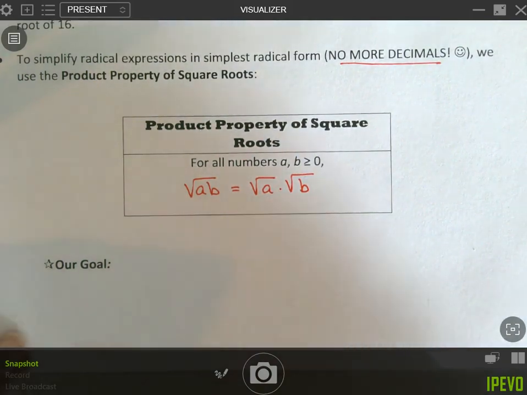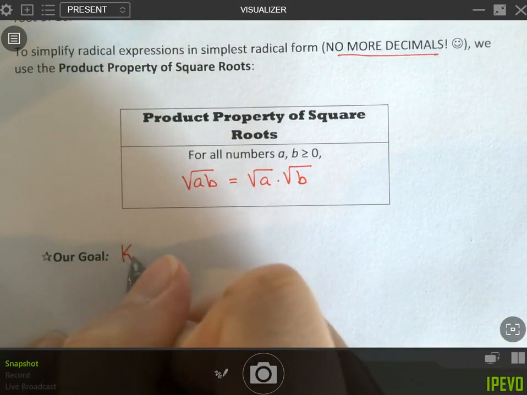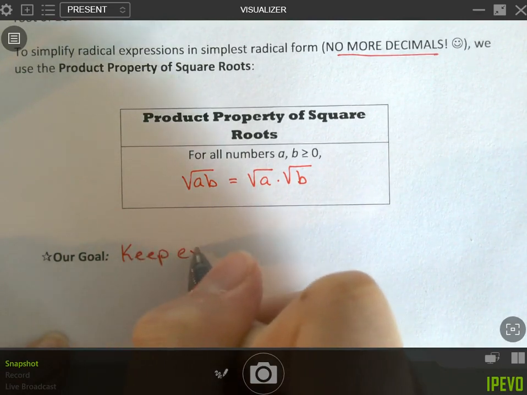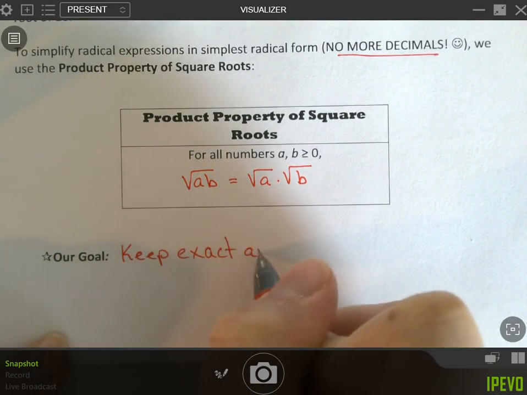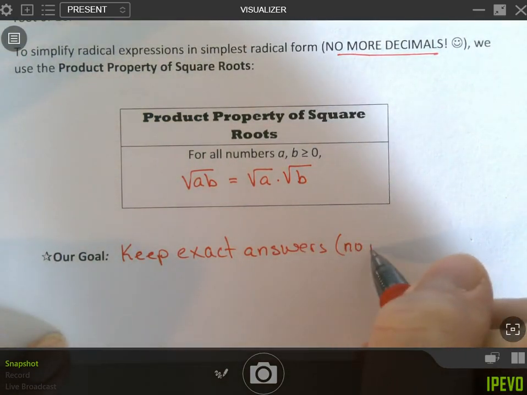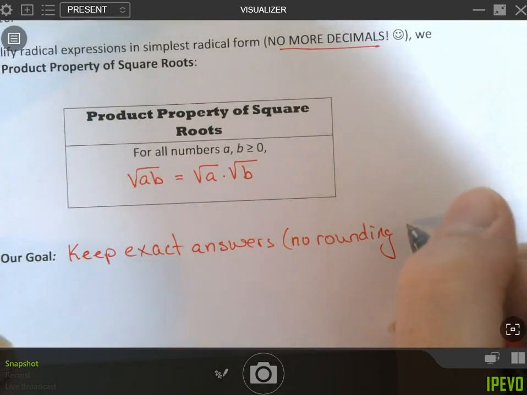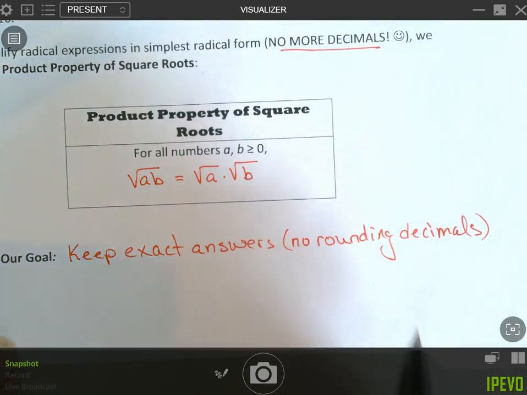So what's our big goal? Our big goal is to keep exact answers, meaning no rounding decimals. So I'll say it again.